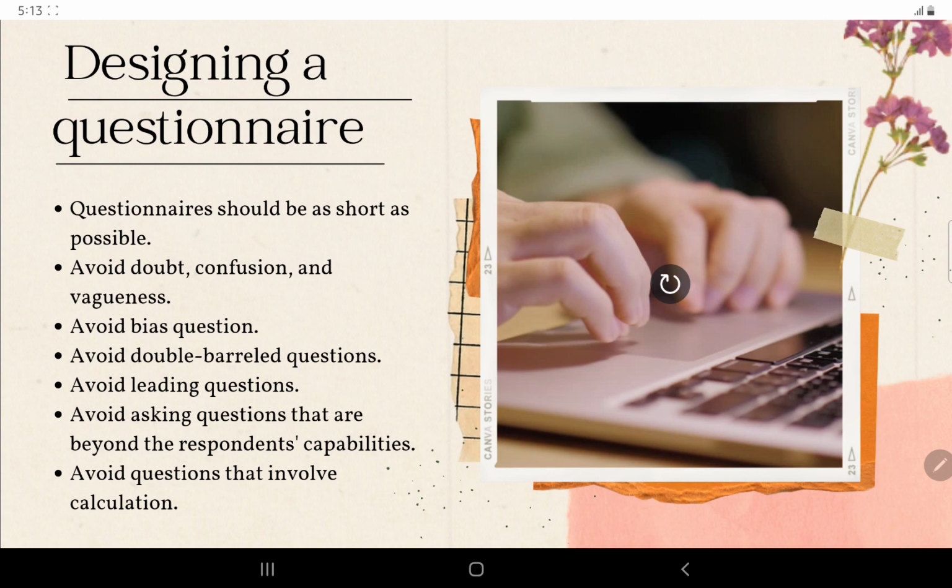Kebanyakan researcher dia suka design a questionnaire. Okay, the written questionnaire selalu digunakan oleh researcher to collect the data. Okay, sebab dia nak tahu opinion ataupun perception, expectation or satisfaction ataupun emotion. Okay.